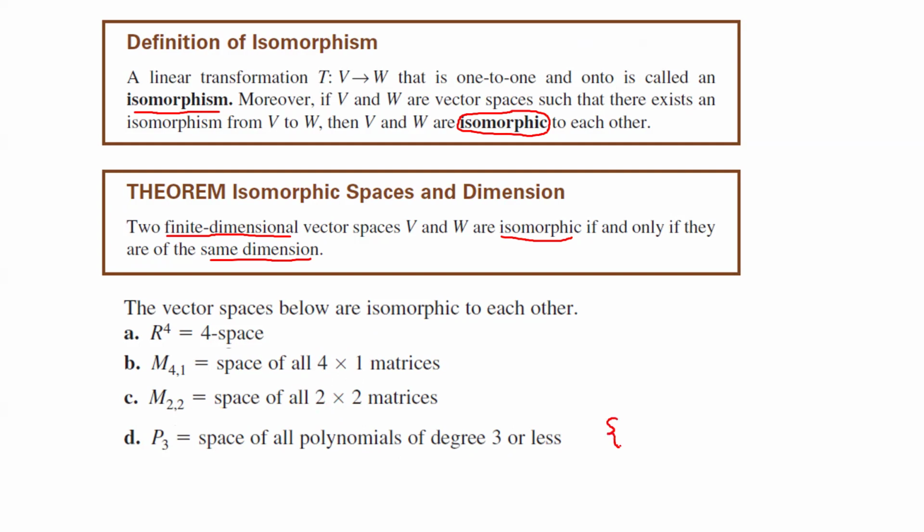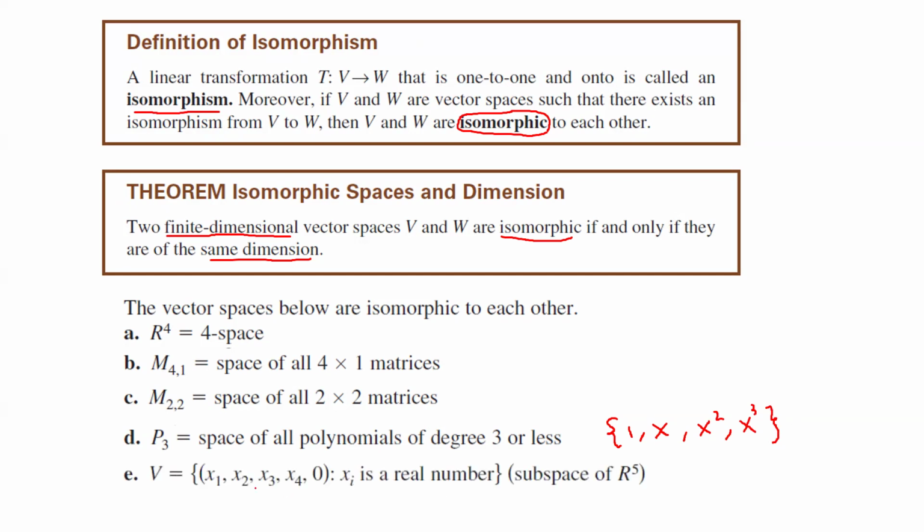Remember that this space has the basis 1, x, x squared, and x cubed. That's why it is of dimension 4, not 3. It's a common mistake for students that they think, okay, 1 doesn't exist. So it is 4-dimensional.